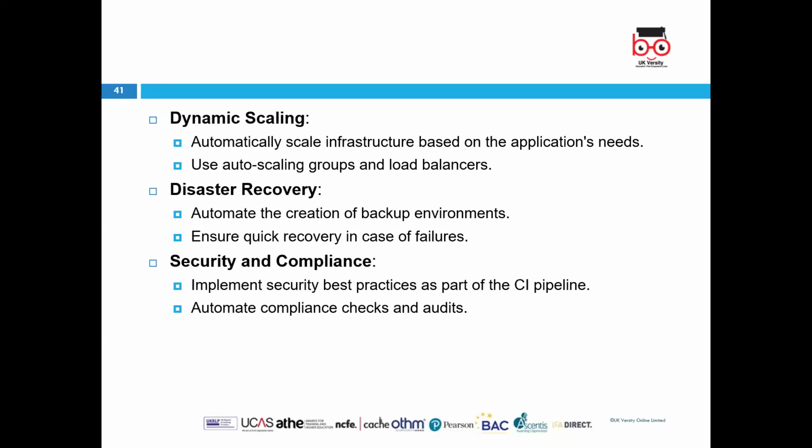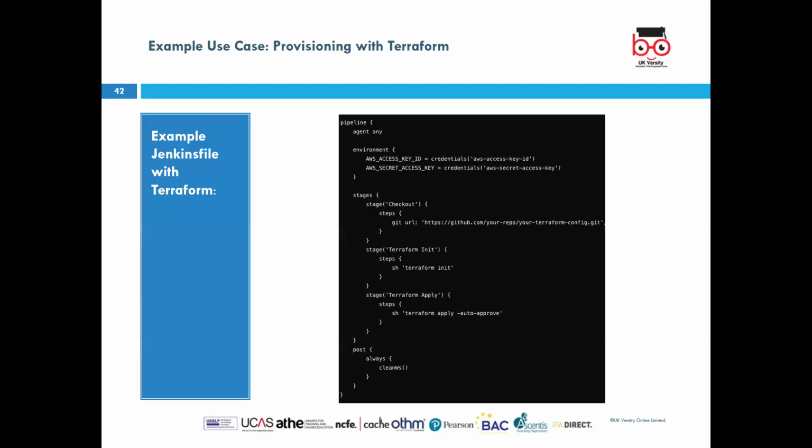Also, we have dynamic scaling, which is going to automatically scale our infrastructure based on application needs. Then we have disaster recovery, which is going to automate the creation of a backup environment. And then we have security and compliance, where we're going to implement security best practices as part of our CI pipelines.